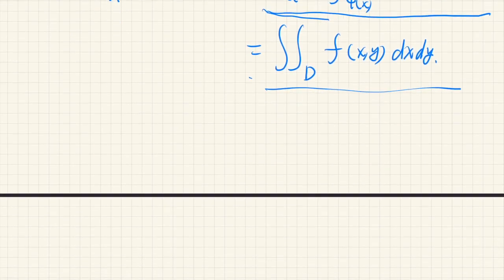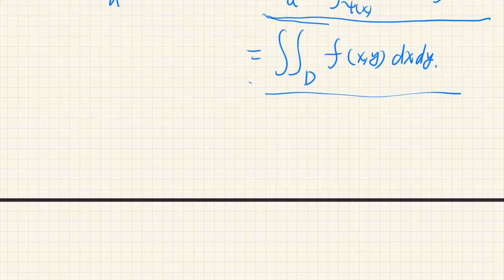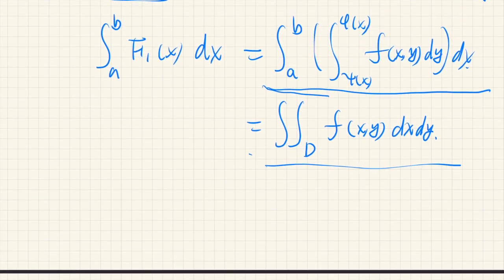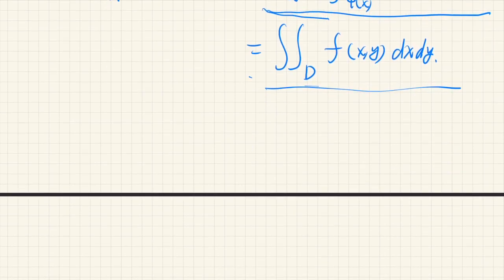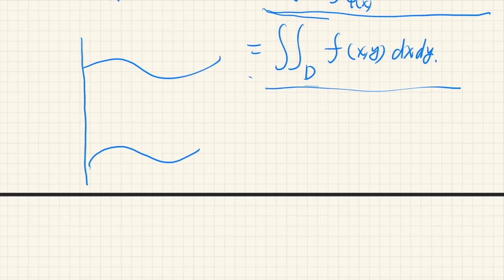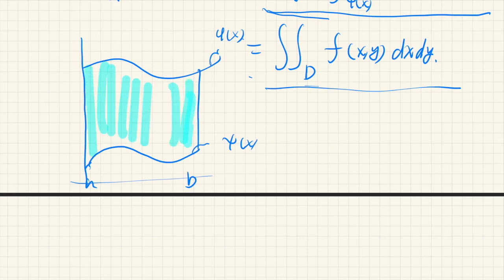First of all, we define a rectangular region that contains the region D. Region D is something like this, so this is a, b, and this is psi of x. This is phi of x. The region D is this part.